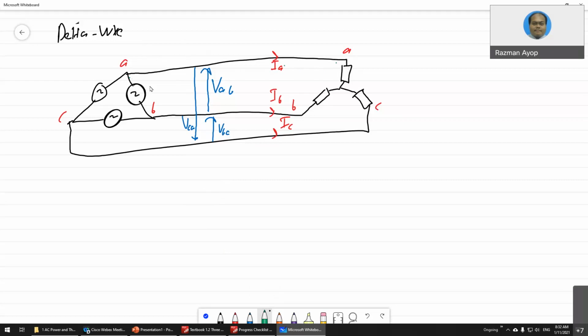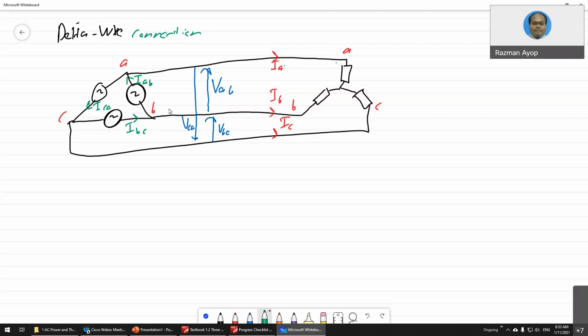Remember, IAB means from B to A, it is flipped from the load. This one is ICA, this one is IAB, and this one is IBC. Now you have labeled the delta-star connection.